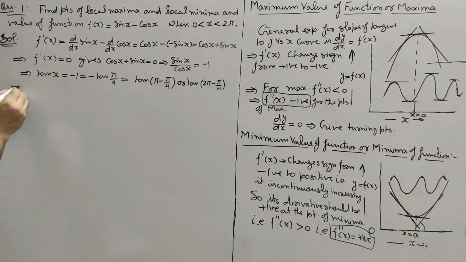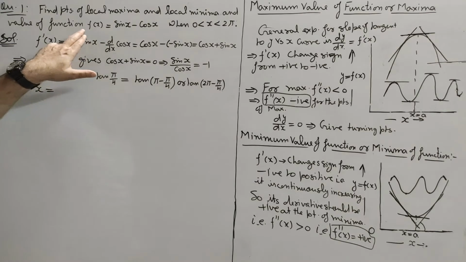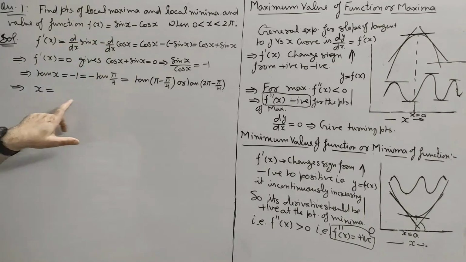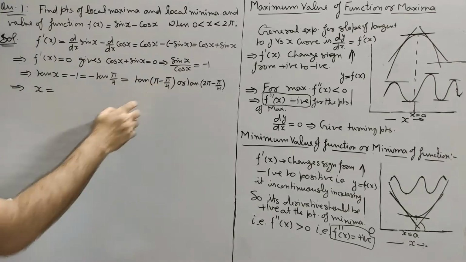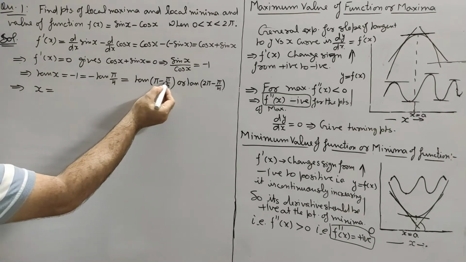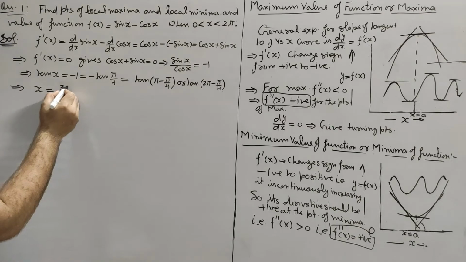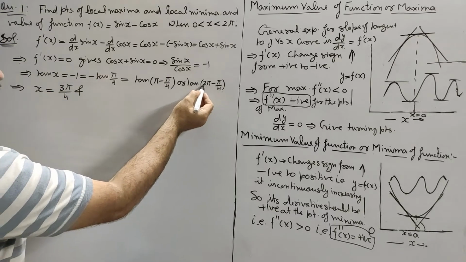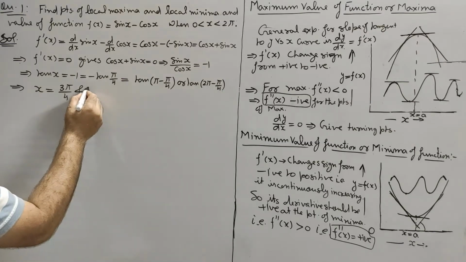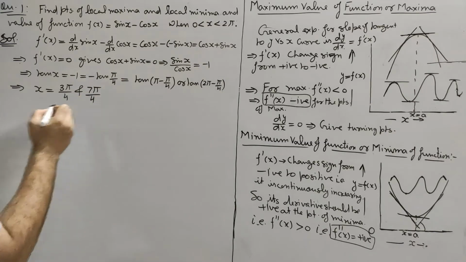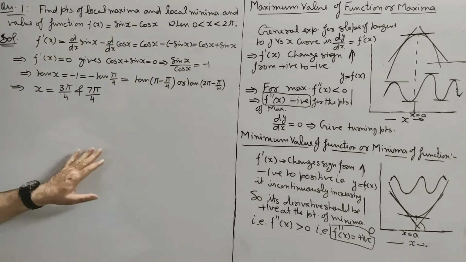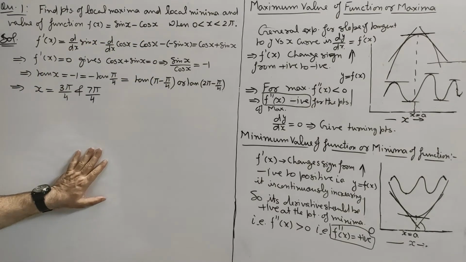So this implies the values of x for which f(x) will be maximum or minimum will be pi minus pi by 4, that is 4 pi minus pi over 4, 3 pi by 4, and 8 pi minus pi over 4, 7 pi by 4. These are the values of x for which the function will be either maximum or minimum.